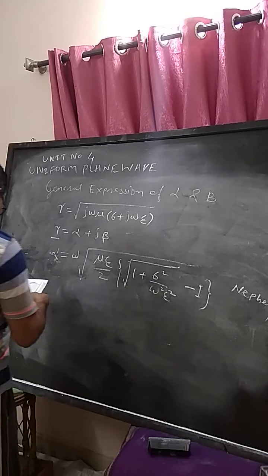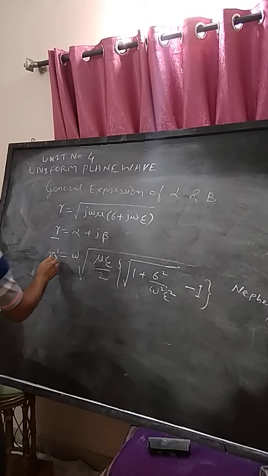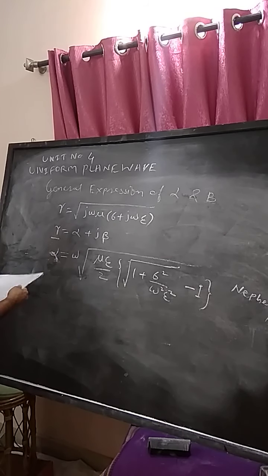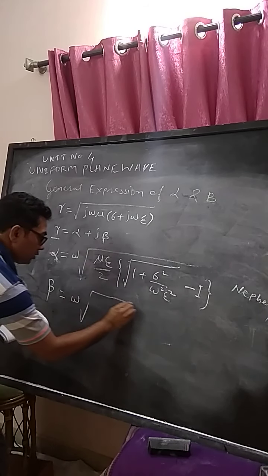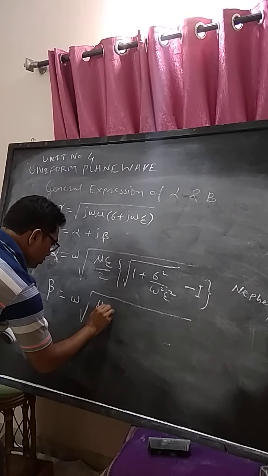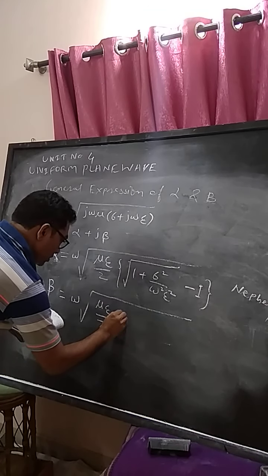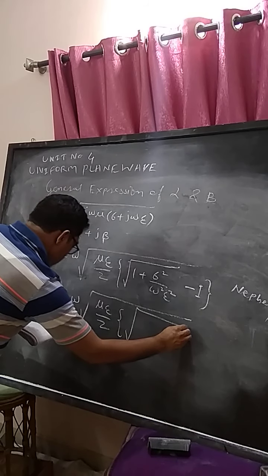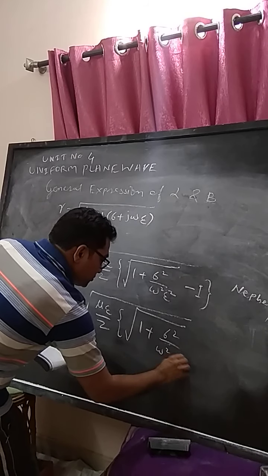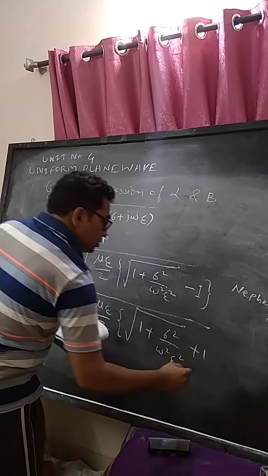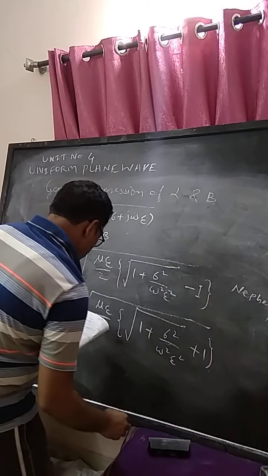This is the general expression for alpha. Alpha is nothing but the attenuation constant. Similarly, the general expression for beta is beta equal to omega under root of mu epsilon by 2 in bracket, again under root of 1 plus sigma square by omega square epsilon square, plus 1, bracket close.